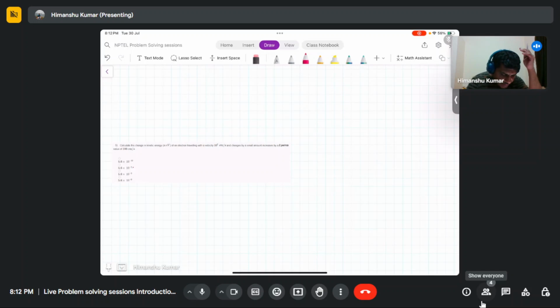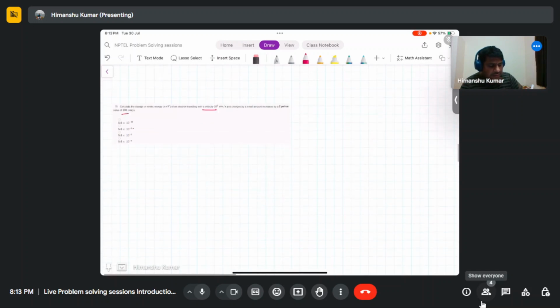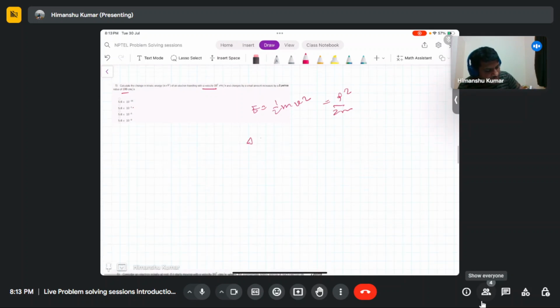Calculate the change in kinetic energy of an electron traveling with a velocity that changes by a small amount, an increase of 100 centimeters per second. E is basically half mv squared, or p squared by 2m. So delta E, for a small change delta v, you can calculate with respect to velocity.